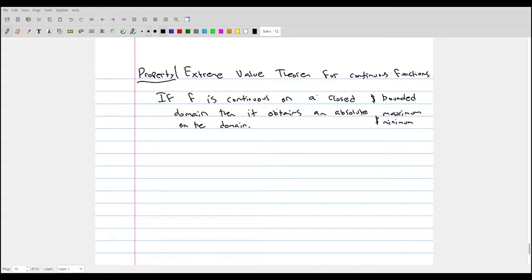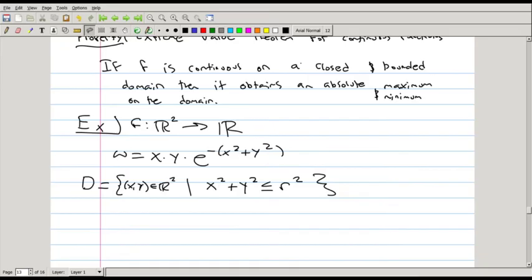And this is the last big property that we will see in many different examples throughout the course. You can use the ideas we've been talking about to prove this, but this will be an important theorem when we start talking about optimization of multivariable functions, maximizing and minimizing multivariable functions.